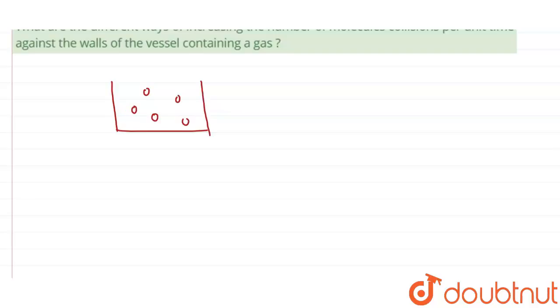Now there is a formula for number of collisions per unit time, and the formula is written as N V_RMS.